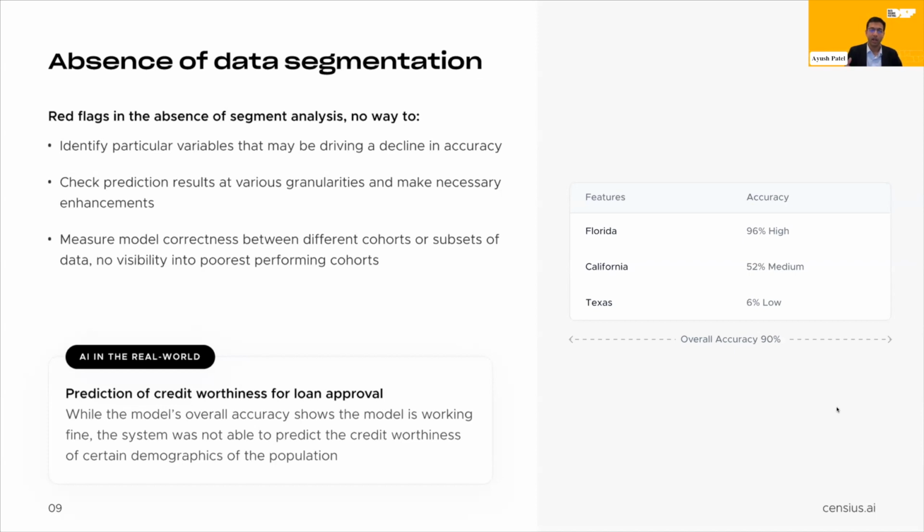A combination of data segments can have an accuracy that's substantially lower than your overall model accuracy that's being looked at. So it's important to identify and set up more granular level monitoring and make enhancements over time, right? Keep identifying which cohorts for your use case are more important and can have a significant impact.